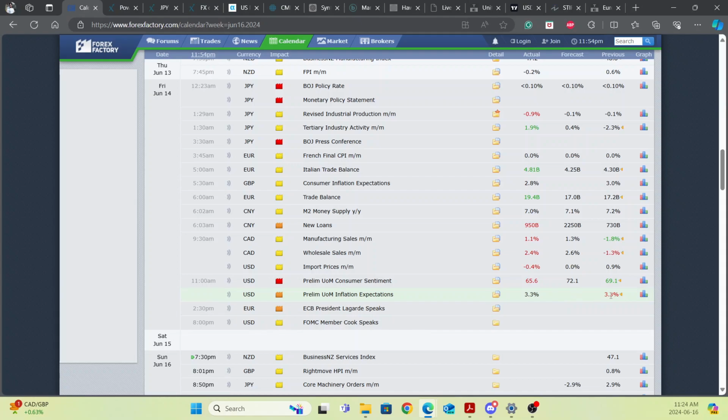It got revised from 3.5% to 3.3%, and we didn't have any forecast, so it came at 3.3%. With that being said, that was last week's report, the key events we had. Now, let's move to the next week.